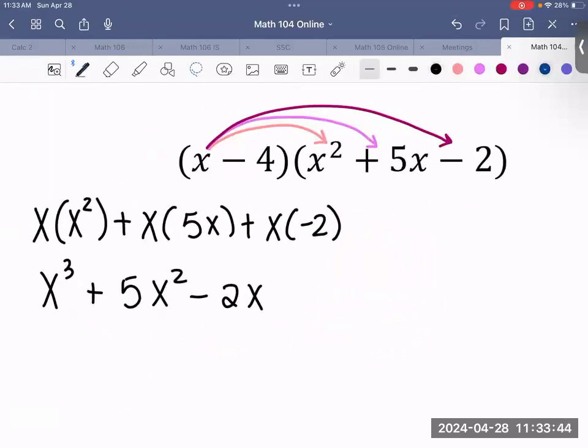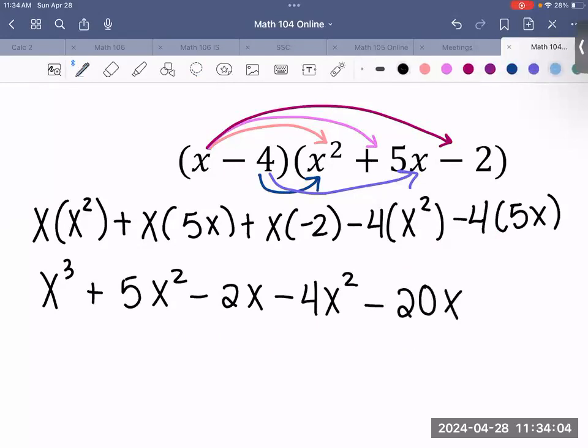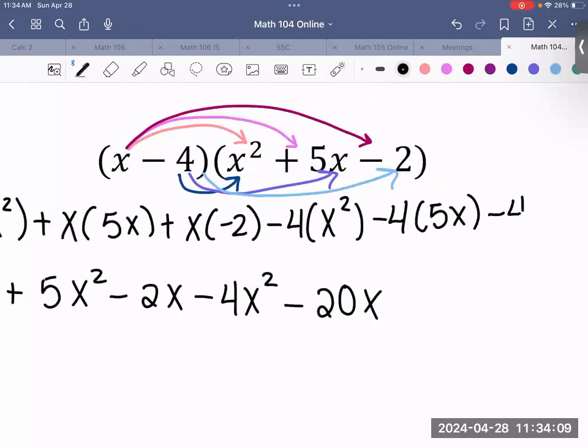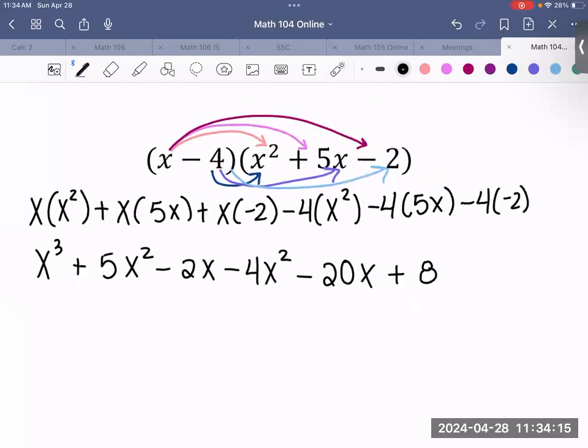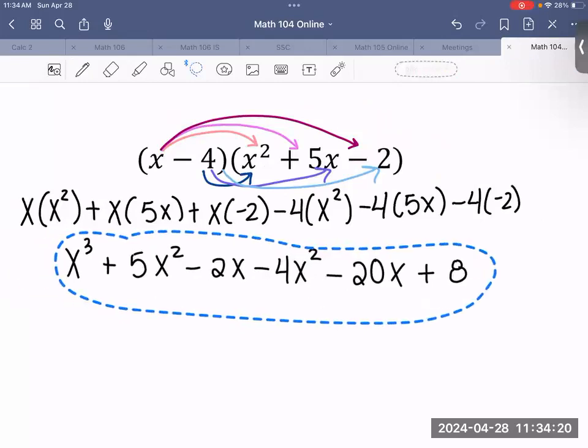All right, so let's do it again with -4. And last one. So at this point, we can try to combine your like terms if we have any, which we should have some.